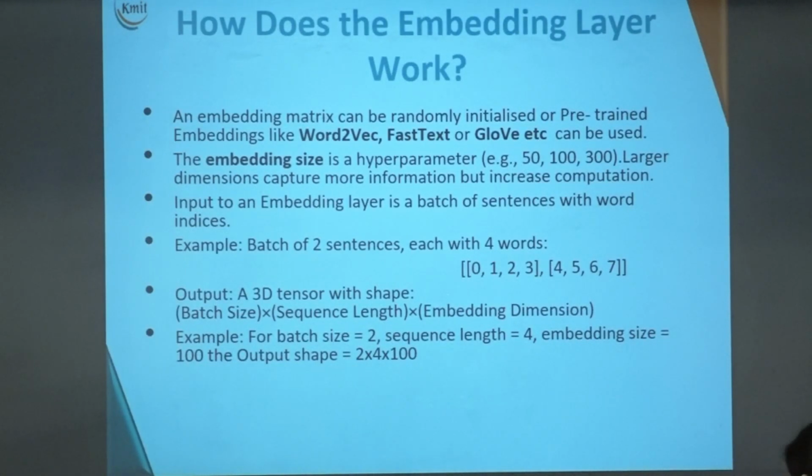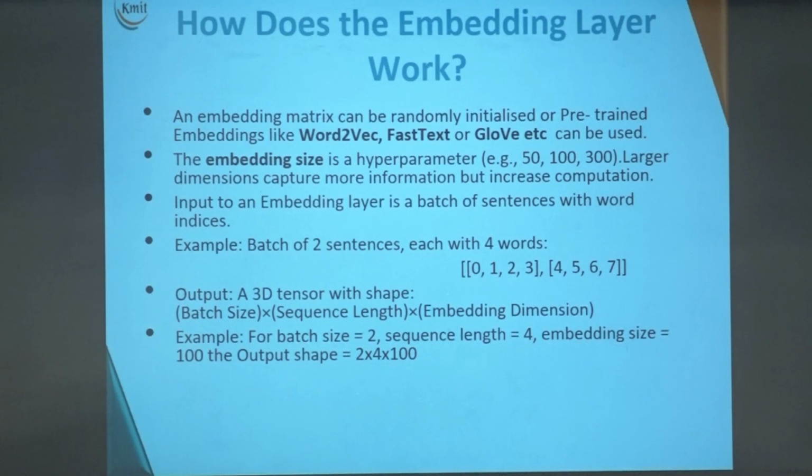Now, as I told you, there are 2 ways you can create this embedding matrix. Either you do it from scratch, randomly initialize and create your own embedding matrix, or you can use pre-trained vector packages that are available nowadays like FastText, Word2Vec, GloVe, and many more.